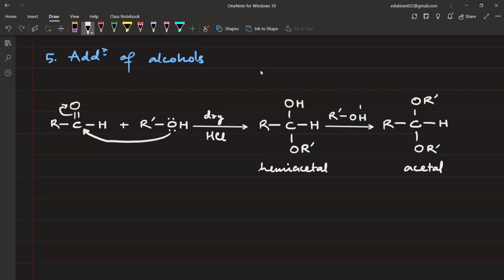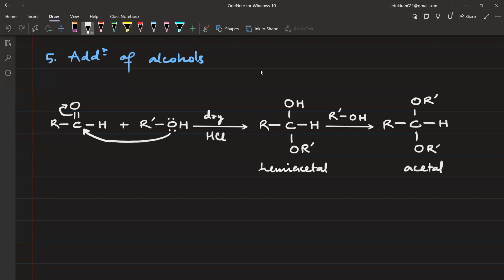So, reaction of aldehyde with monohydric alcohol. Why is it monohydric? It has only one OH. In the presence of dry HCl, it gives alkoxy alcohol, because it has OH, it is alcohol also. So it gives an alkoxy alcohol intermediate, which further reacts with one more molecule of alcohol, and it gives gem dialkoxy.